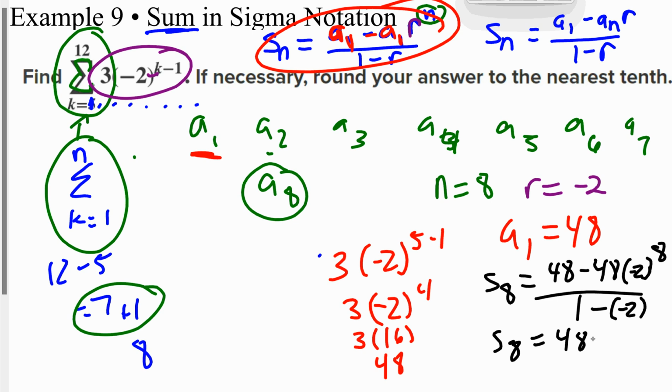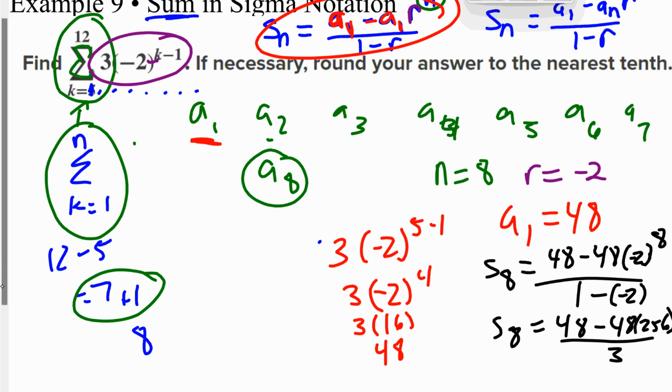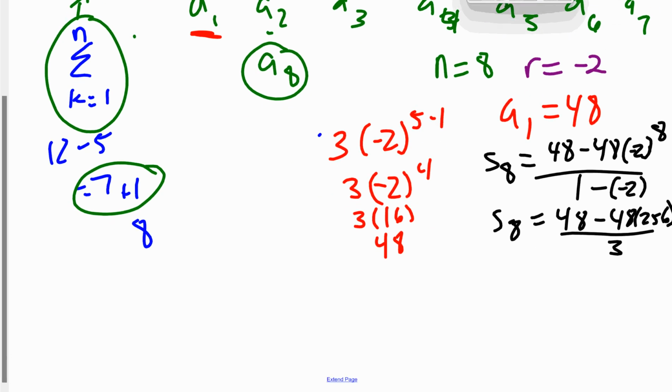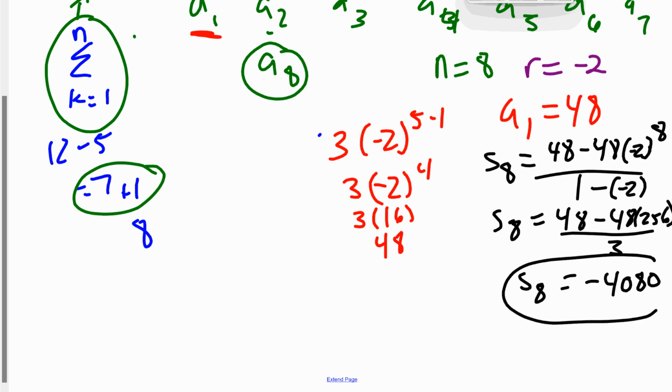So 48 minus 48 times 256 over 3. Now I can multiply that: -48 times 256, then add 48, and then divide by 3, and I get -4080. So that is the sum of my 8 terms from 5 to 12.